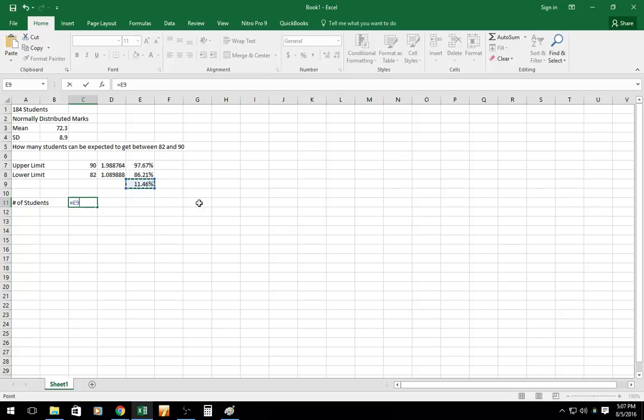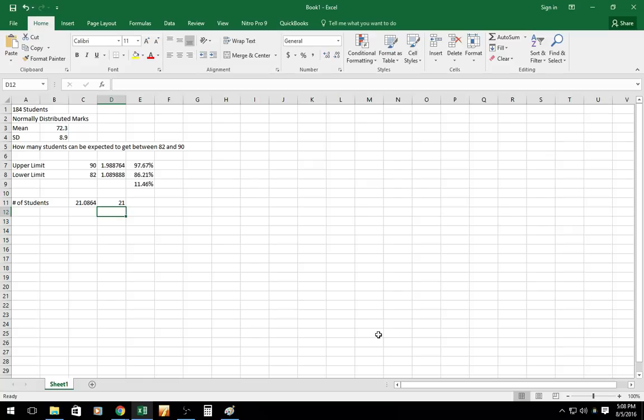We can take 11.46% of the students and multiply it by 184, or the number of students in the class, to get 21.08 students. And of course, it did tell us to round this number, so we can use our round function. We can round that number to 0 decimal places, and it will give us 21.